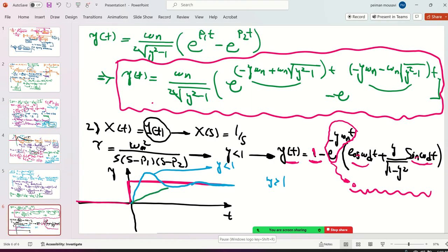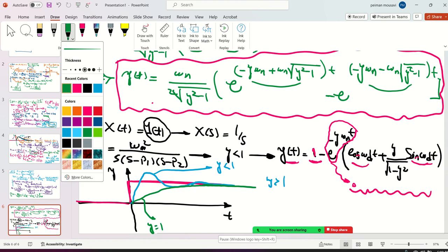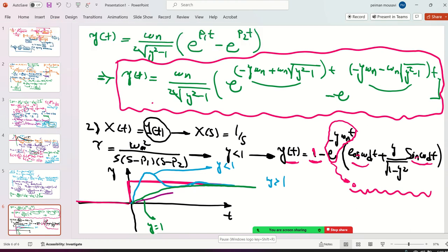So for the overdamped system, we're gonna have this. Here we go. This is for the critically damped system. And for the overdamped system, again, we don't have oscillation. Let me choose this guy. But much slower. Here we go. And this is for the overdamped system.